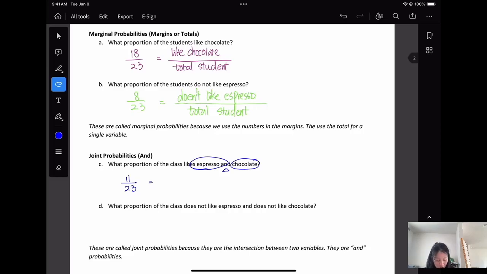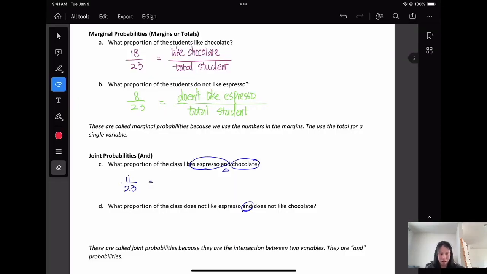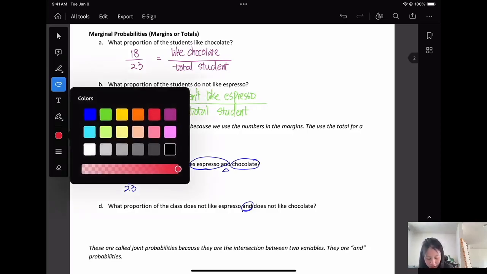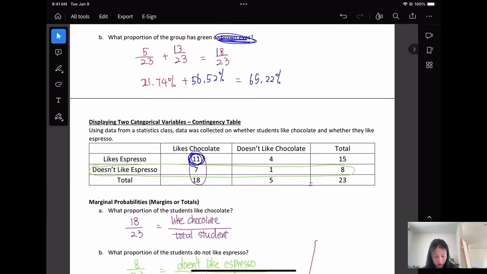Okay, what proportion of the class doesn't like espresso and doesn't like chocolate? Now we need to find out which part. Let's look back. Which part is for students who don't like espresso and chocolate? For students who don't like chocolate, we have this row, and they also don't like espresso.